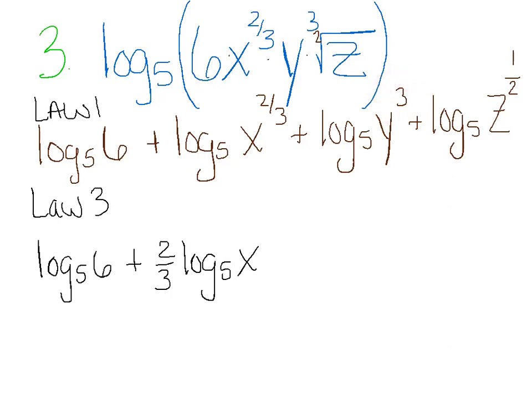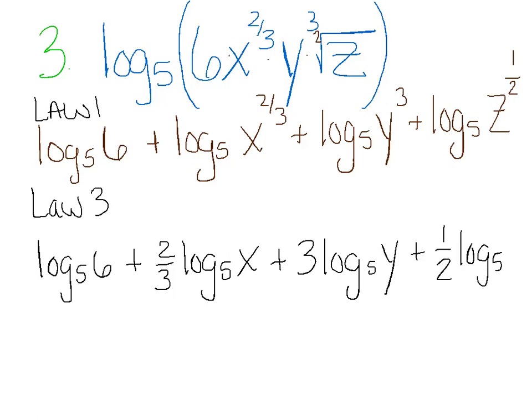The third term, this 3 is going to come down in front of the log. And in my last term, my 1/2 is going to come down in front of the log. And now I have the most simplified version I can that is expanded. And by expanded, we gave every term a log, and we applied all the law properties.